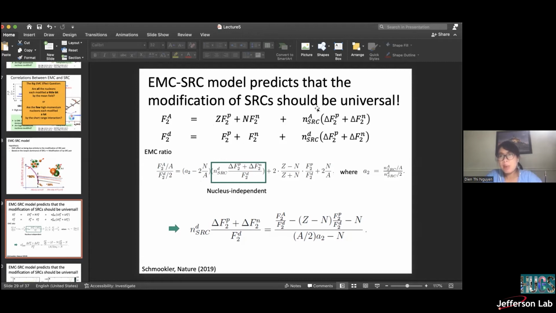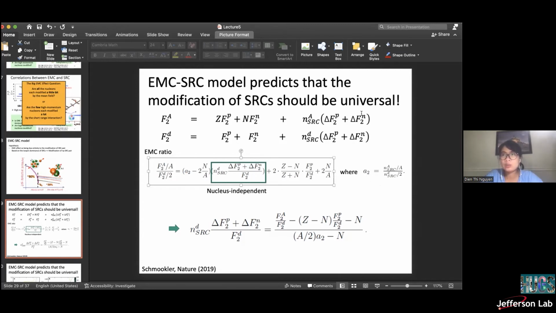So with some math, we can convert this ratio from the two ingredients into this formula right here, where the a2 is the ratio of the number of SRC pairs in nucleus A to the number of SRC pairs in the deuteron.